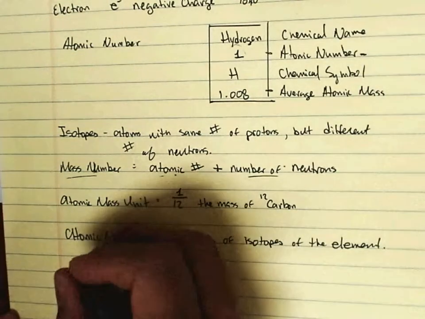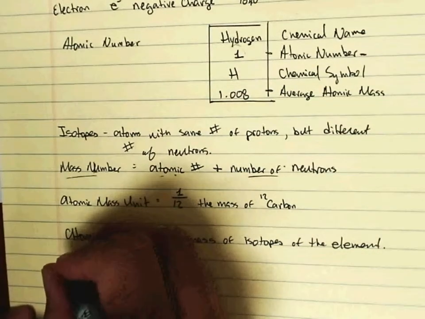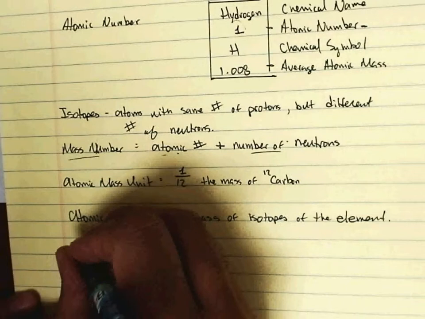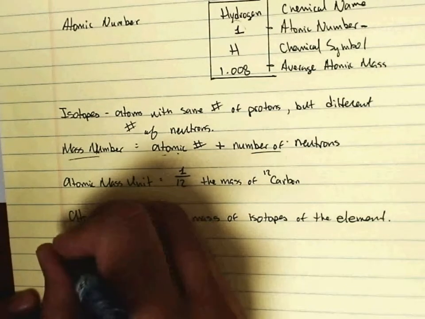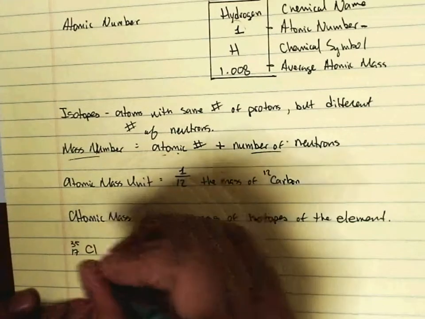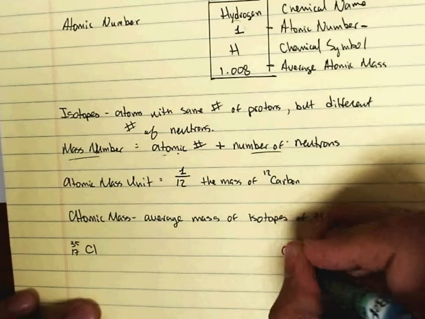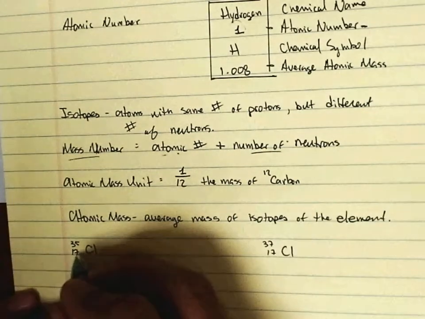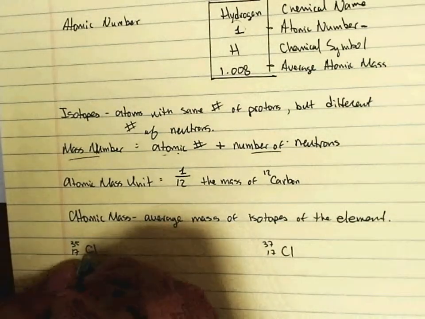So, for example, we can do chlorine. There are two types of chlorine. We have two isotopes of chlorine: chlorine 35 and chlorine 37. Chlorine's number 17.